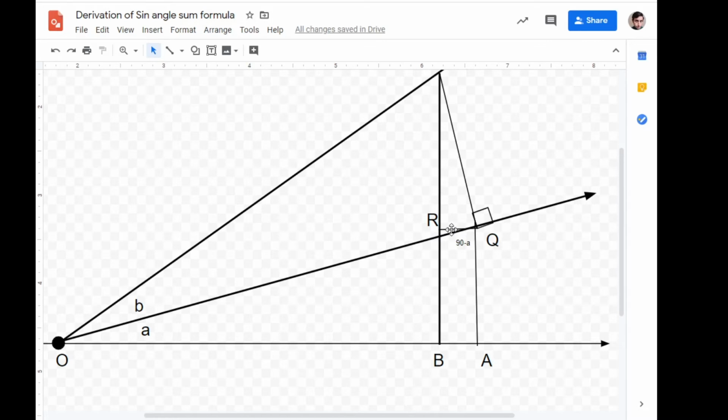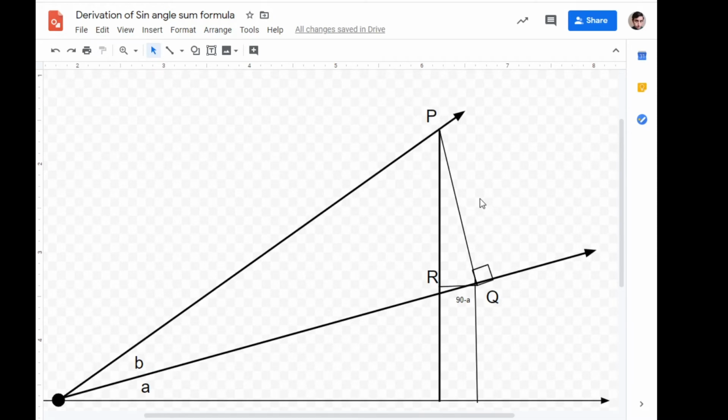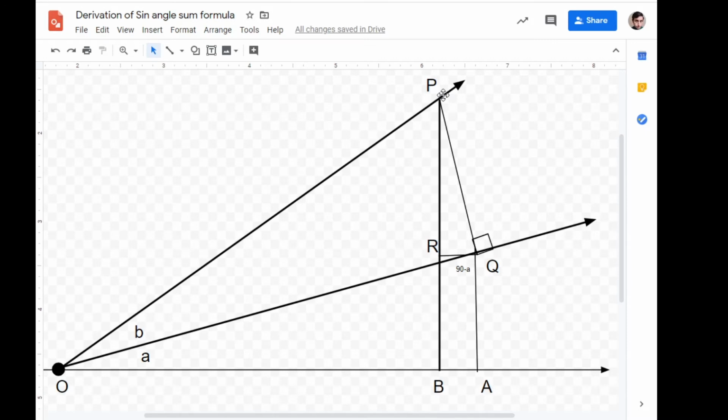Now, if that small little angle is A, then this angle here, from P to Q all the way down to O, is another 90-degree angle.